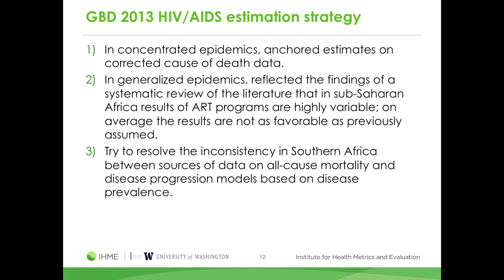We believed a firmer basis for assessing the magnitude of an epidemic in a concentrated epidemic, that's where it's not in the general population, it's in high-risk groups, was using cause of death data where it's available. In the generalized epidemics, we lowered the survival or raised the death rates based on our systematic review of individuals on ART in many African programs.